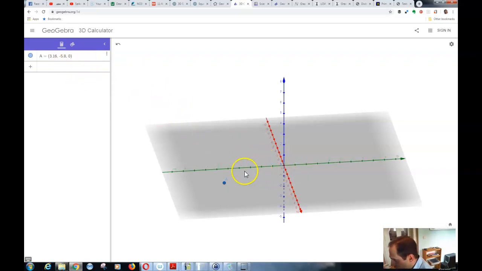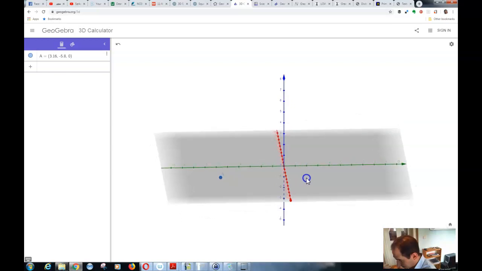Your y coordinate is negative 5 point something, negative 5.8, which makes sense. And your z coordinate is 0, because I did put the point exactly on the plane.